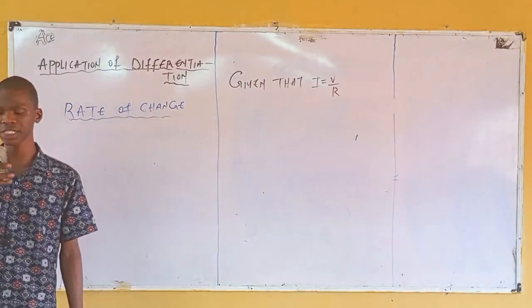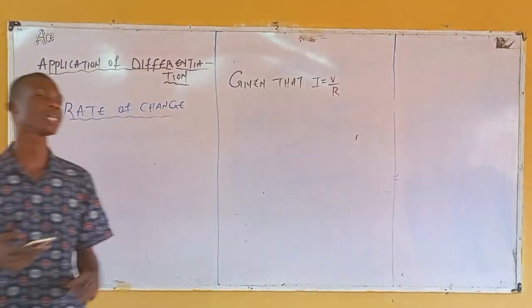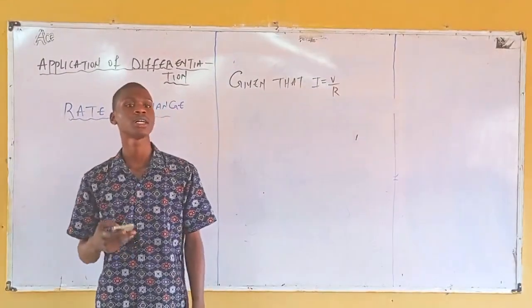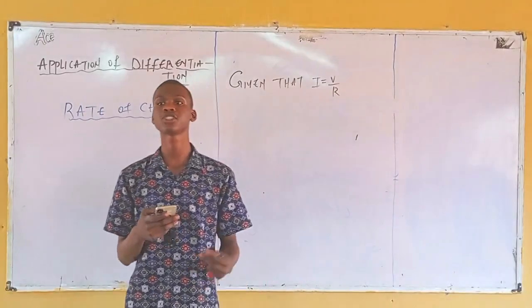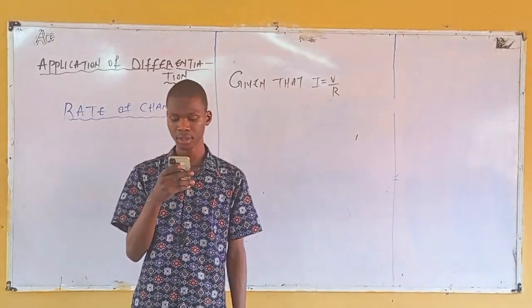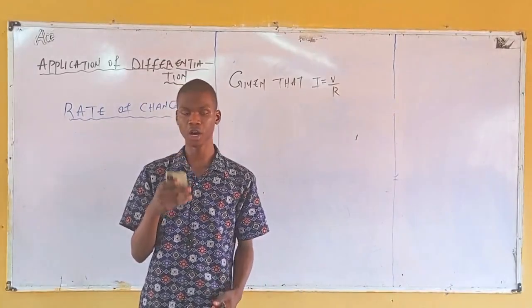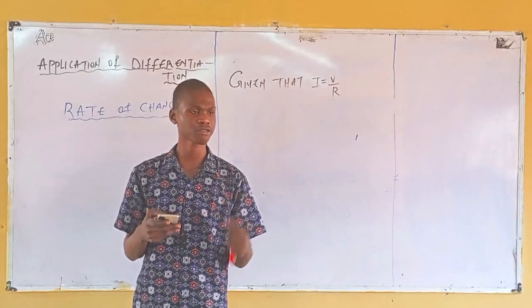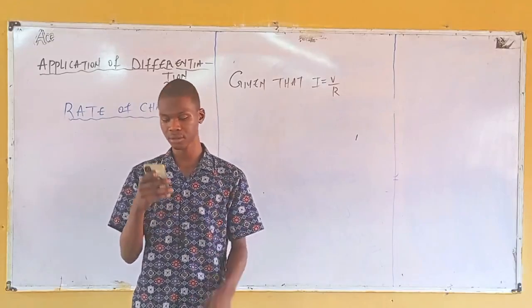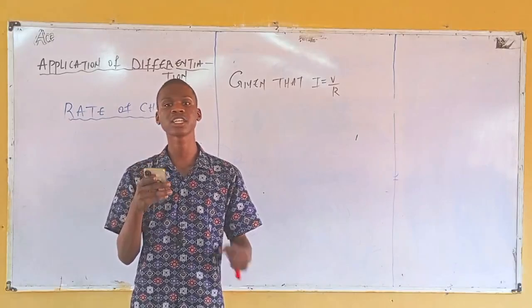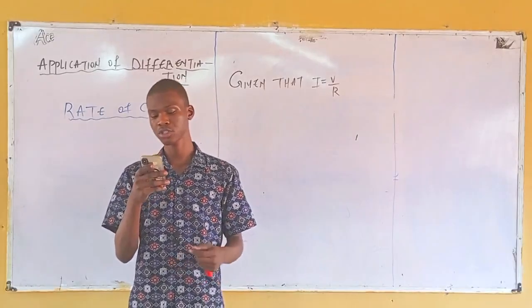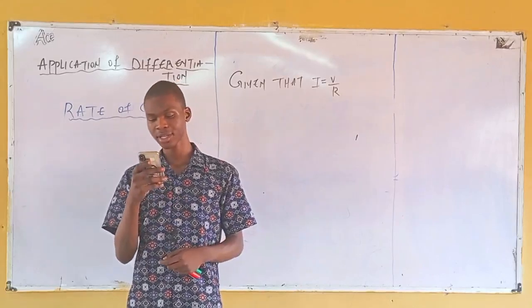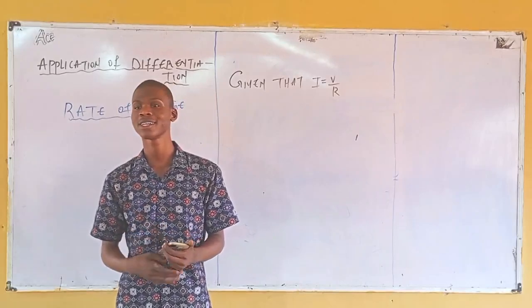Determine the change in I resulting from an increase of 1 volt in V, and an increase of 0.5 ohms in R. Get the mark.